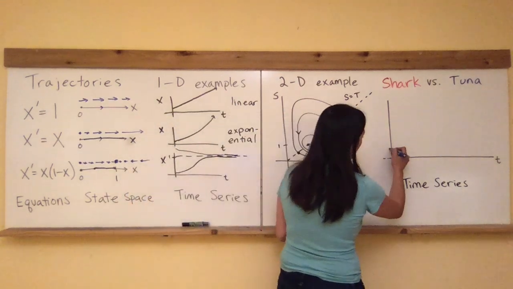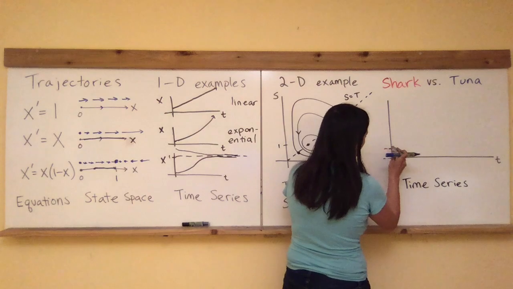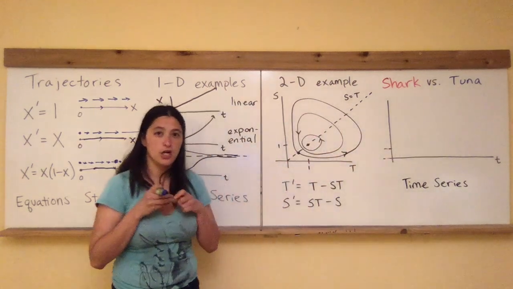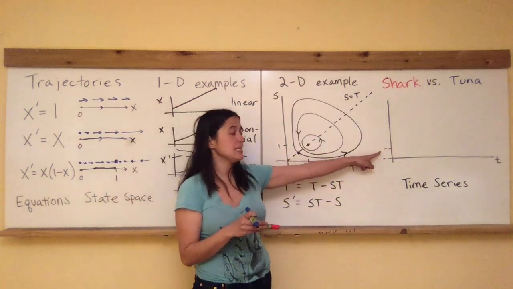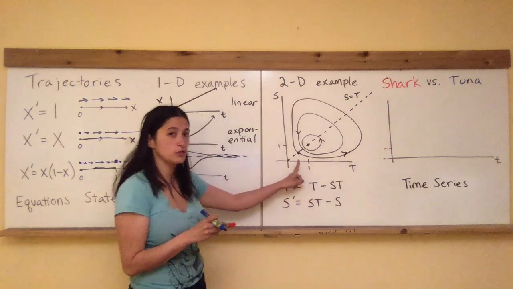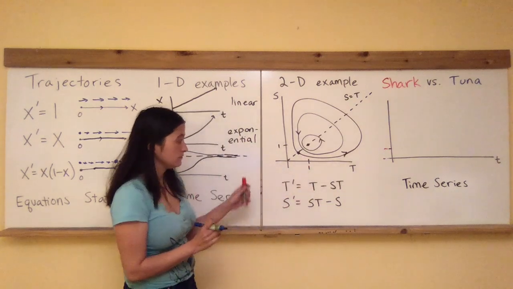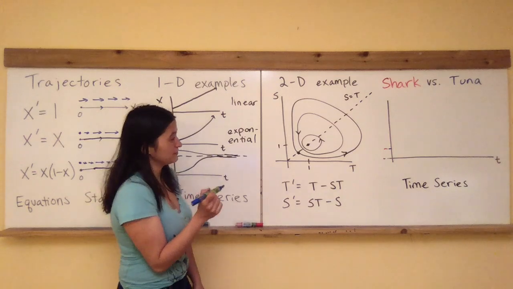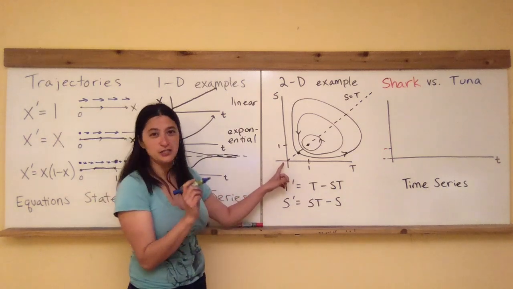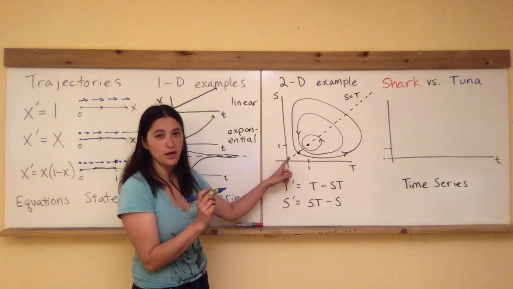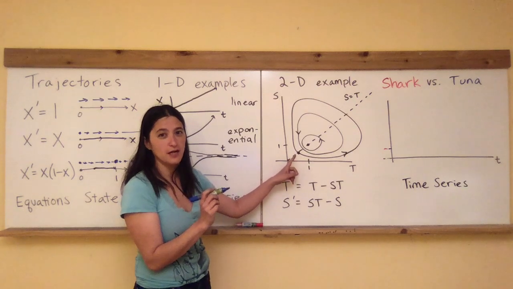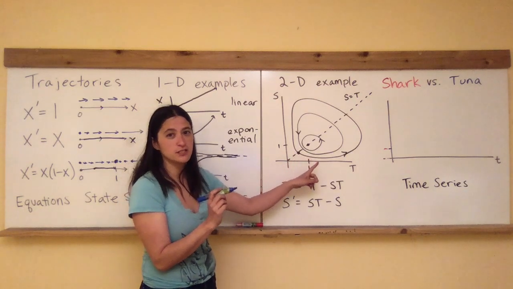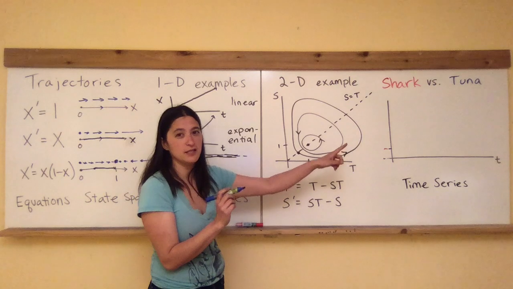So sharks and tuna are both starting out at this initial condition that I'm marking right here with this dot. Okay, I'll start with the tuna because that's the prey, and I will try to draw in the time series what my finger is tracing out as it traces this trajectory in the state space.